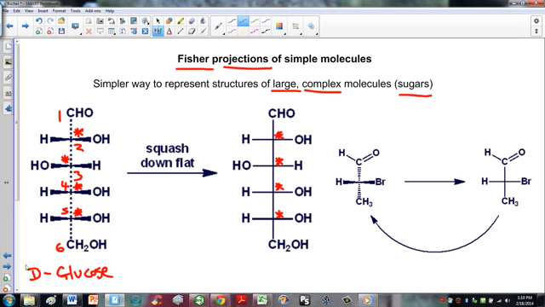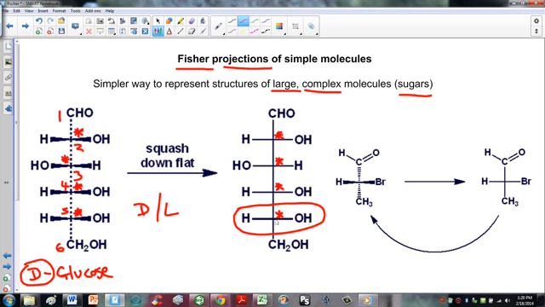Now let's talk about what this D means. D refers specifically to sugars. You can have D and L, all right? And what they have to do with is what's called the penultimate carbon. Now, penultimate is a word I learned back in England, and I've learned from people here that they apparently don't know what penultimate means. Penultimate means last but one.